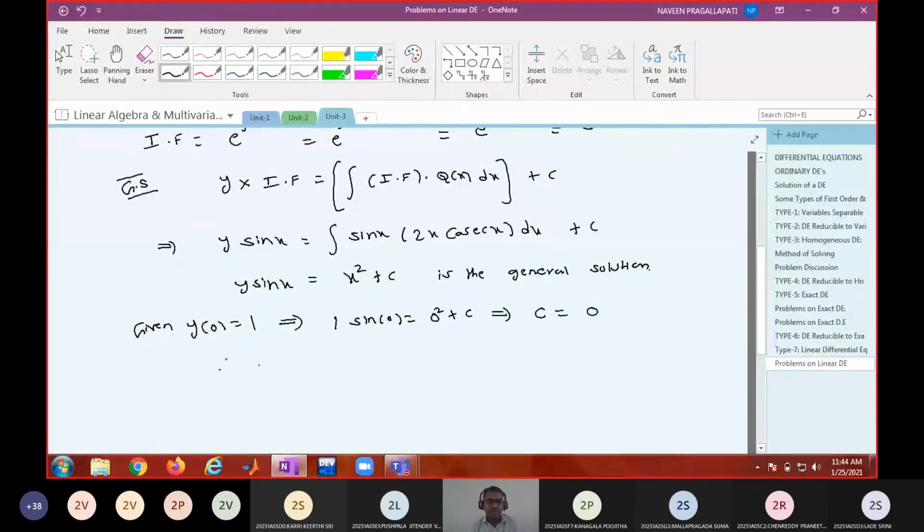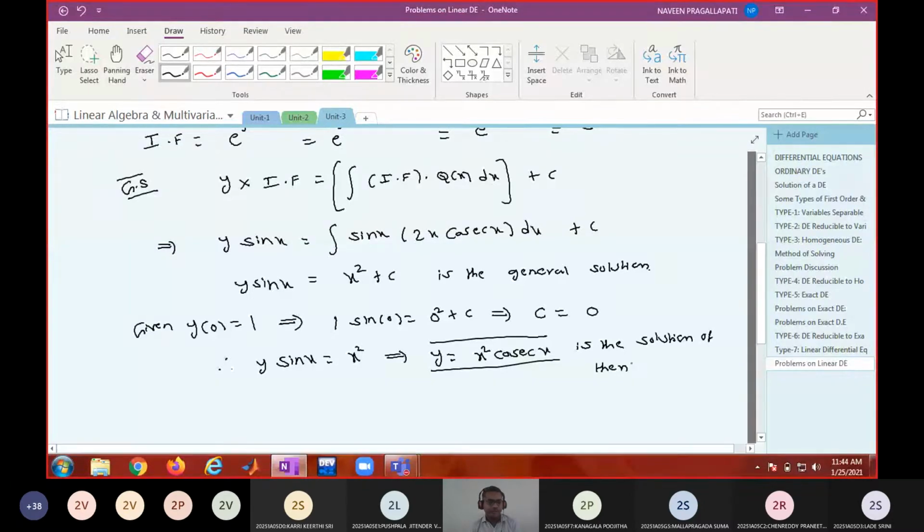Therefore, what is the solution? Y into sine x is equal to x square, or y equal to x square cosecant x is the solution of the given initial value problem.